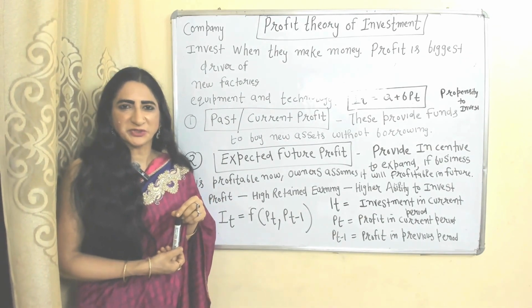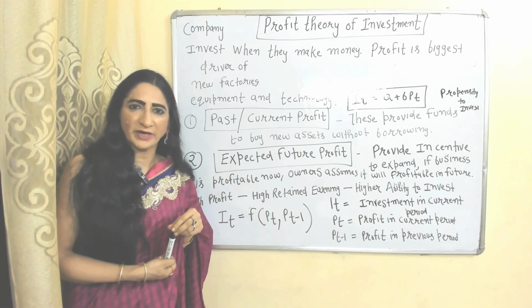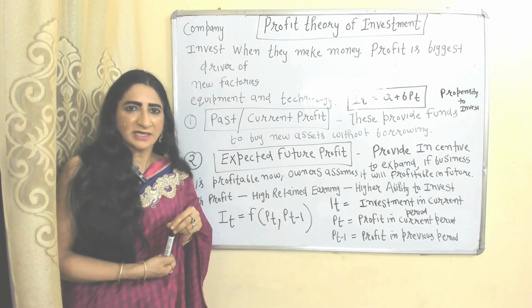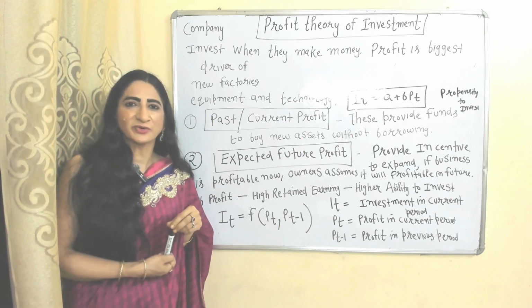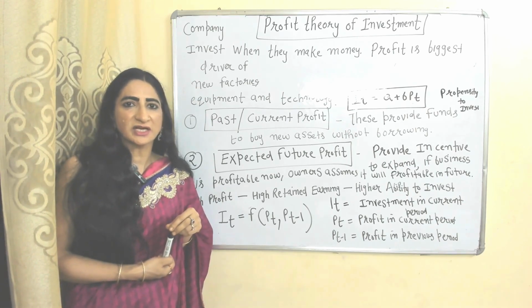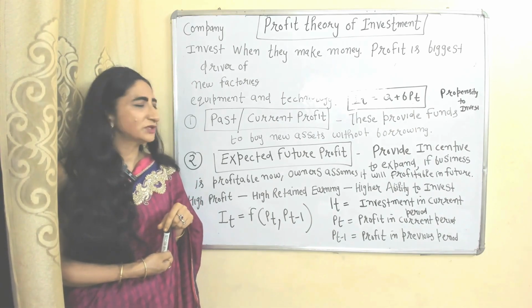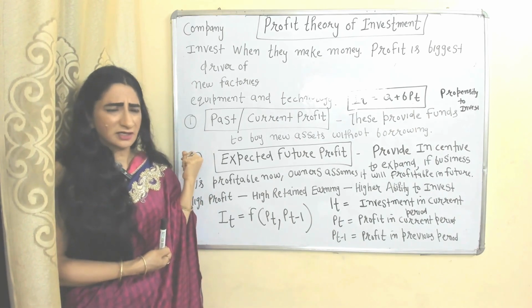Profit theory of investment. According to this theory, investment depends on profit. How much you invest all depends on how much you are earning. So profit is the biggest driver to buy new machinery, tools, equipment, even technology. Investment depends on two types of profit, past or current profit.